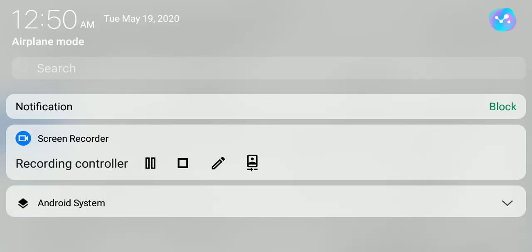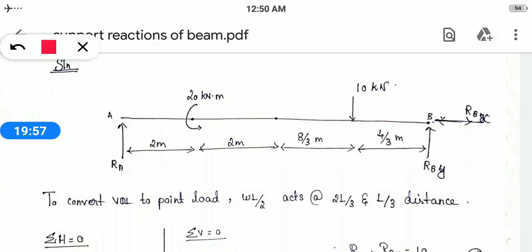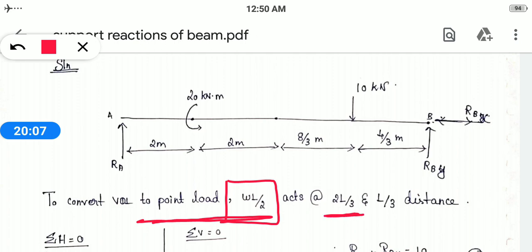But in case of your varying load, to convert the varying load into point load, you have to multiply by WL divided by 2. And to find the distance, it will act at 2L divided by 3 and L divided by 3 on the other side. It is not like your uniformly distributed load.